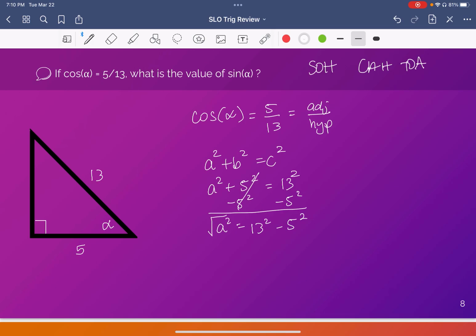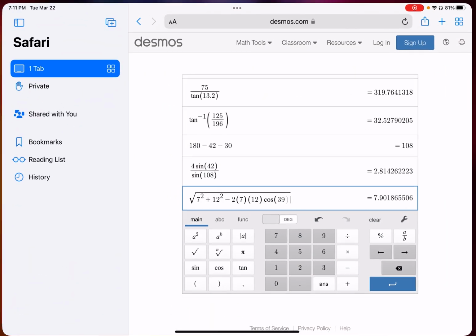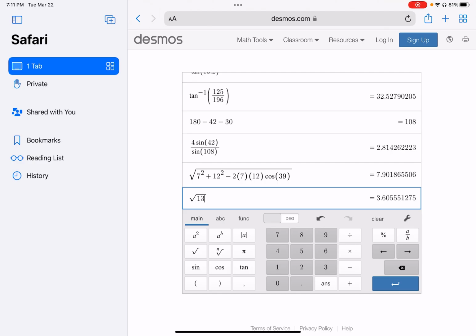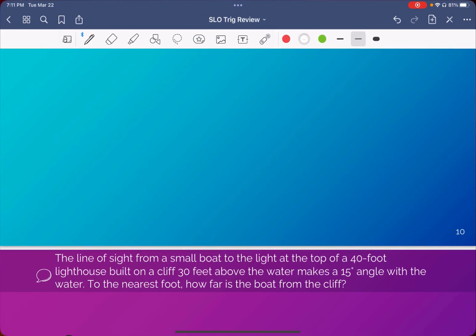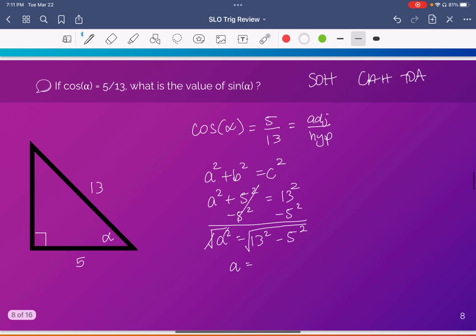It doesn't really matter. And then you'll have to take the square root of everything to get A by itself. So I'll go to the calculator, square root of 13 squared minus 5 squared, which is 12. So the opposite leg is 12.